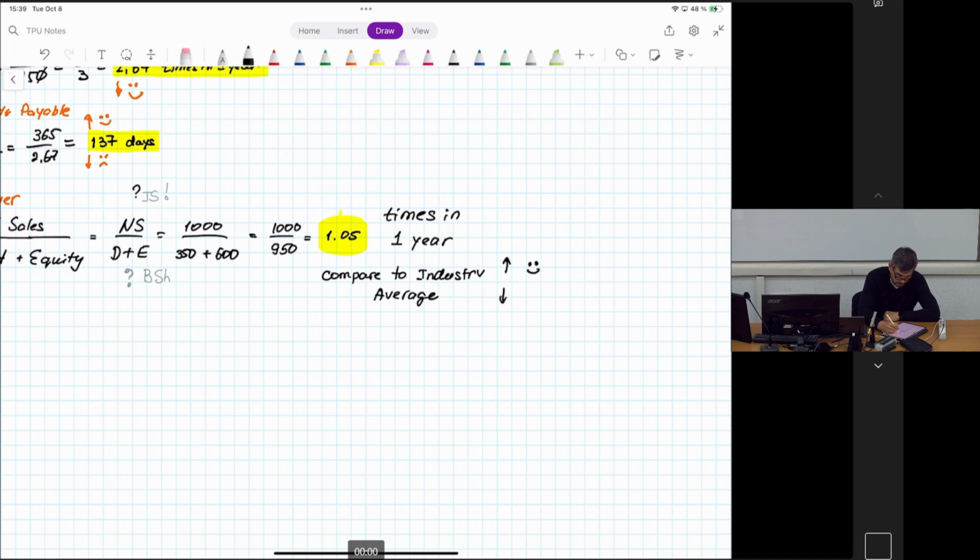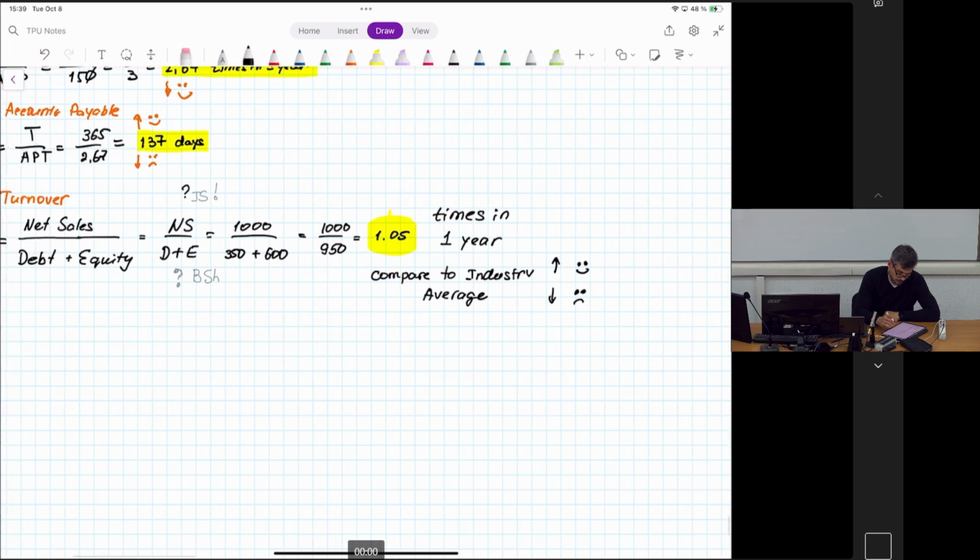If it's lower than the industry average, it's not so good, it's bad. So it means it takes a long time for you to convert your capital over into sales. So if you compare it to the industry average and then you watch the dynamics.